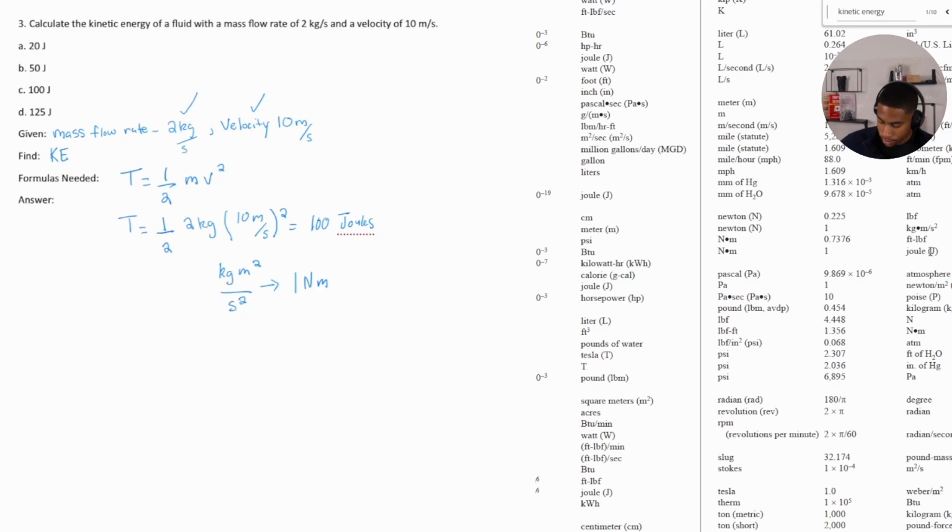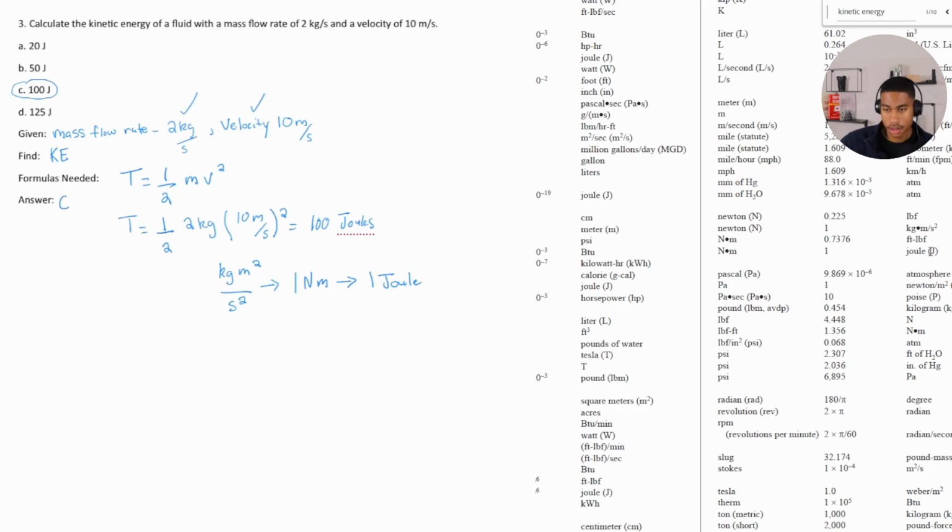And then from there, that equals 1 joule. So that's how we were able to get this in joules. So answer is C.